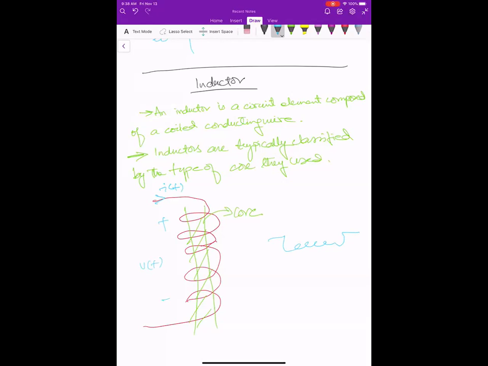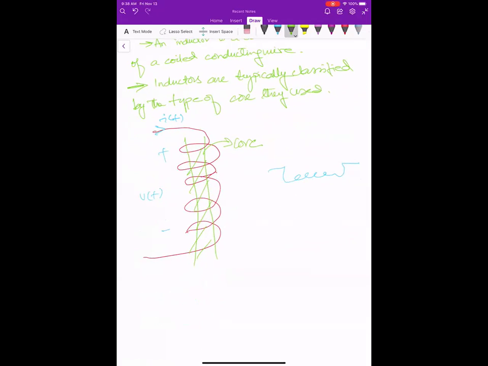Just like you see that a capacitor develops a charge across its plates, an inductor develops voltage due to the changing magnetic field.